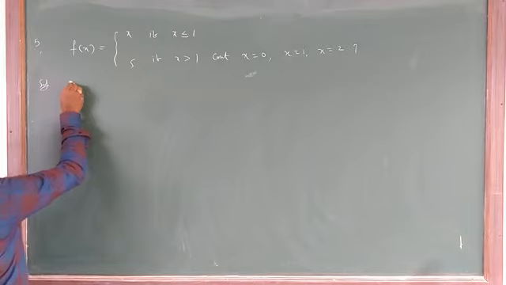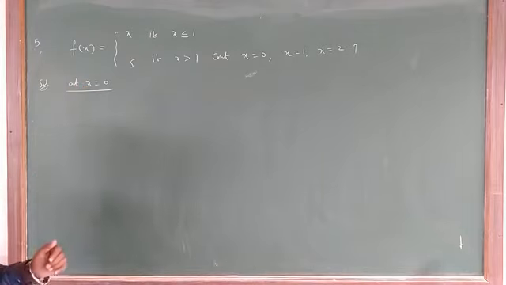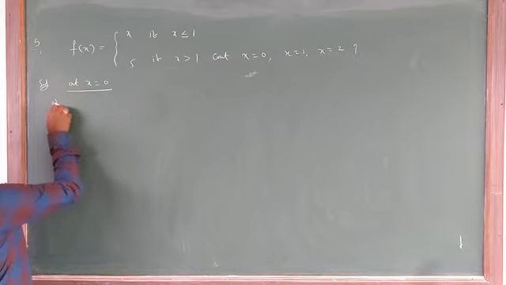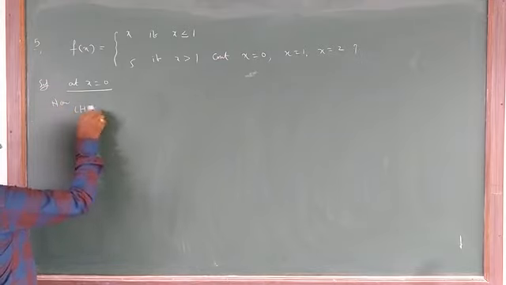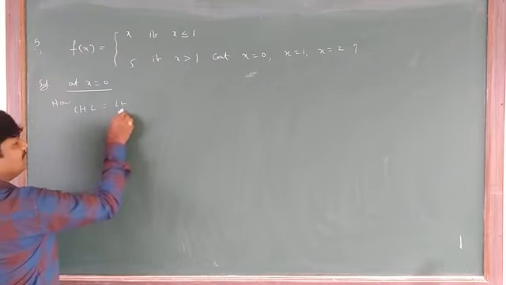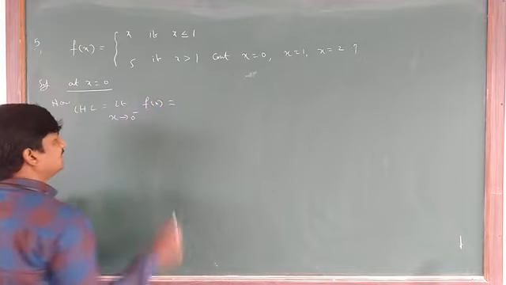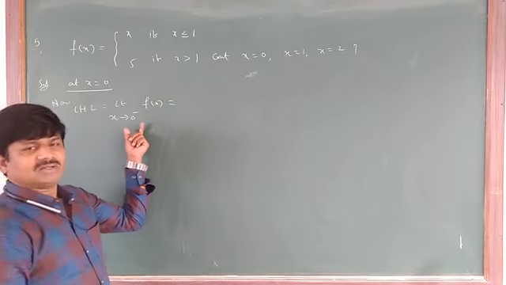Solution. At x equal to 0, I am going to find first the left hand limit, LHL. Left hand limit is limit x tends to 0 minus of f of x. What is the function on the left of 0?